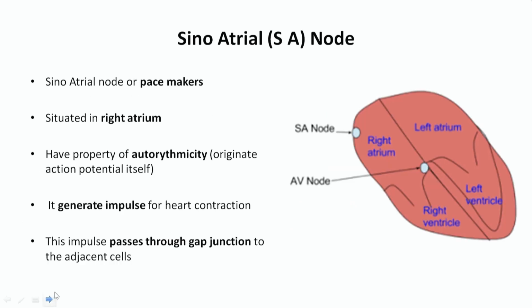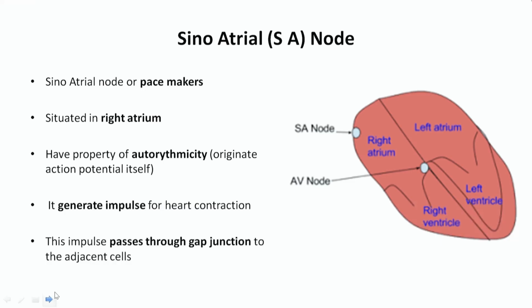So in brief, we will discuss the sinoatrial node. The sinoatrial node is also called a pacemaker. Why is it called a pacemaker? Because it helps in the generation of impulse. These cells have an autorhythmicity property, meaning they can generate their own impulse by themselves. That's why they are called pacemaker cells.